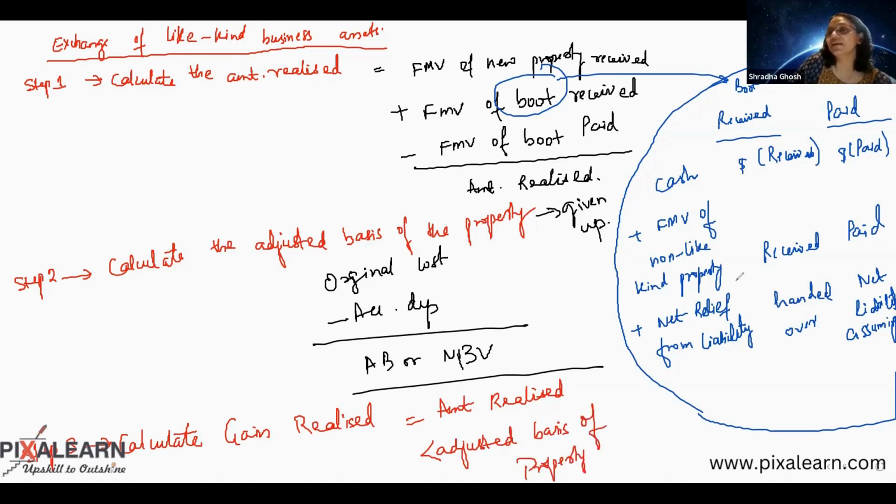Please remember, guys, given up. Whenever you're calculating gain or a loss, you always do it with respect to the property that you're giving up, not with respect to the property that you're receiving in the process.